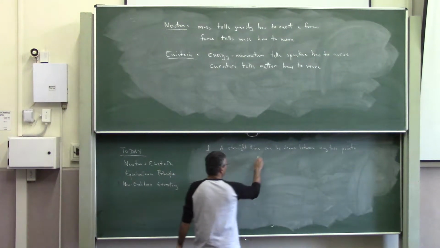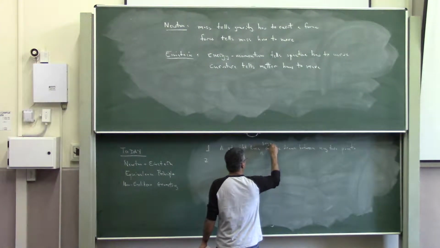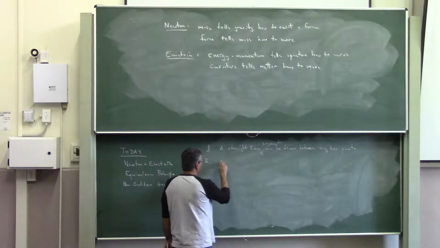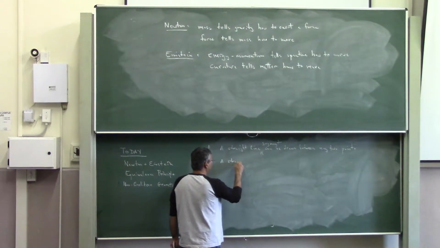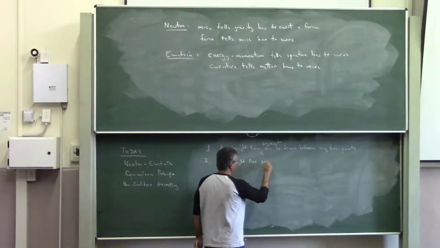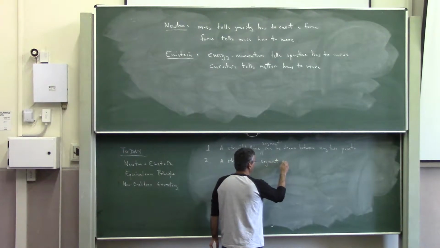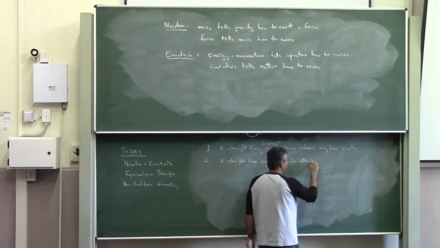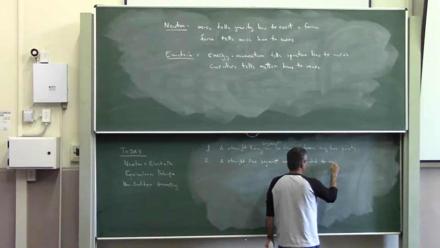So, a straight line segment. The second postulate is that a straight line segment can be extended to an infinite straight line.